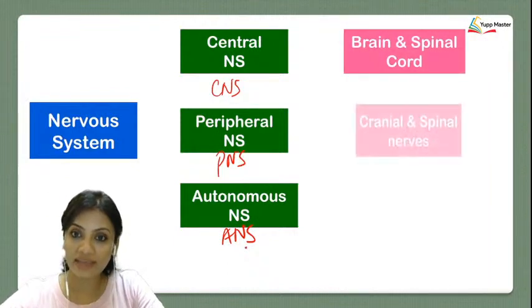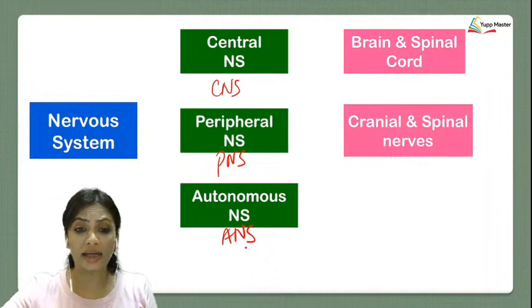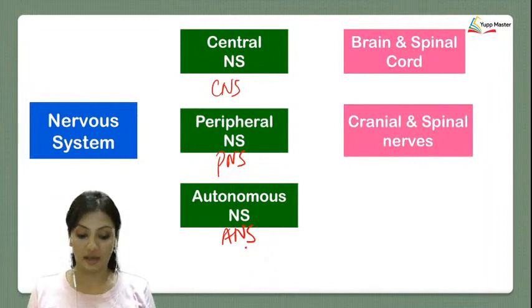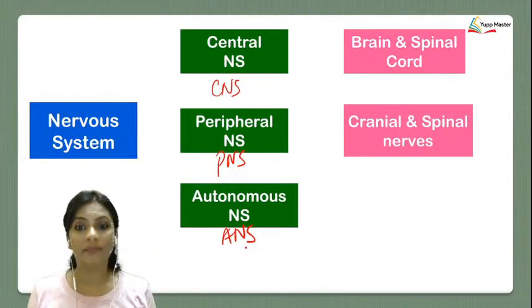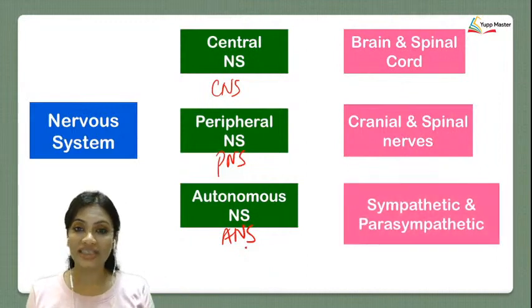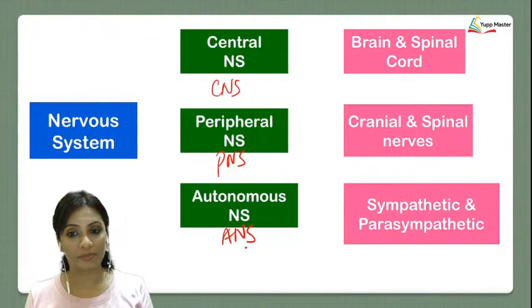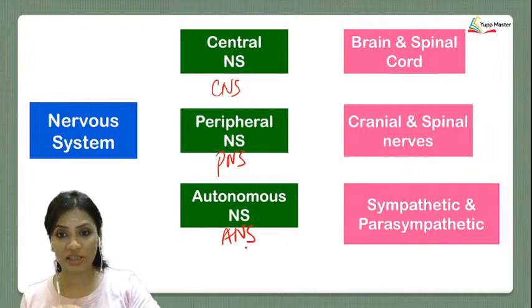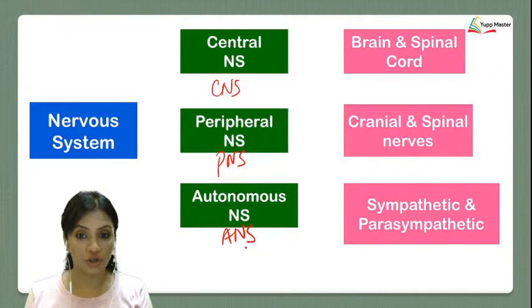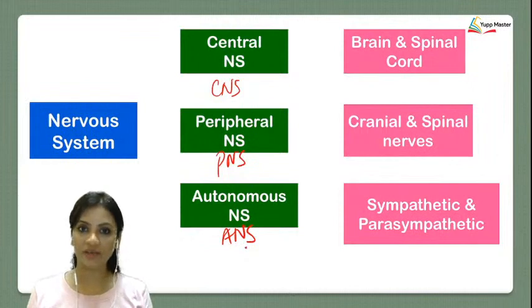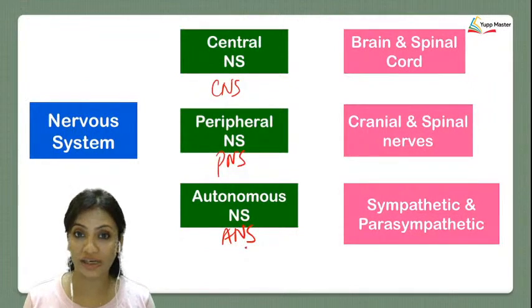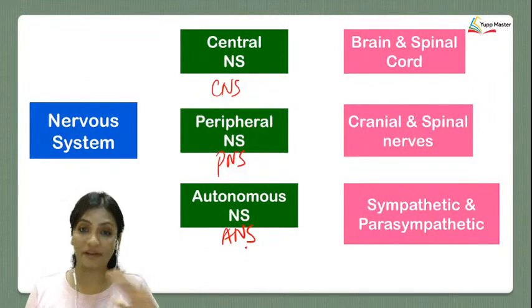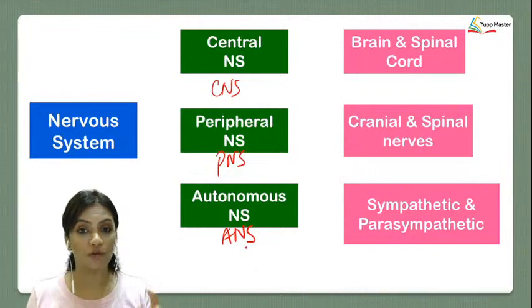The peripheral nervous system has the parts cranial and spinal nerves, and the autonomic nervous system has the sympathetic and the parasympathetic nervous system. So CNS, brain and spinal cord; PNS, the nerves; and autonomic nervous system, the voluntary and involuntary activities. Okay, that was the bifurcation of the nervous system of the frog.